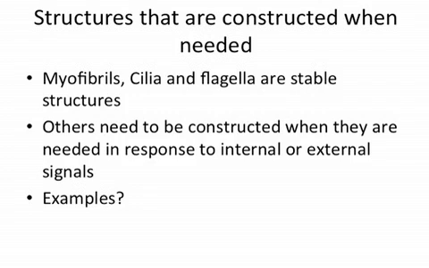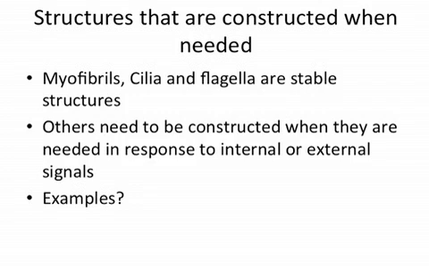Right. Pseudopods. Structures associated with creating a leading edge on a cell. What else? Come on, we said this already. Everyone should be jumping. Okay, a few people saying mitotic spindles. Right, so those are the most obvious structures that need to be constructed when they're needed.